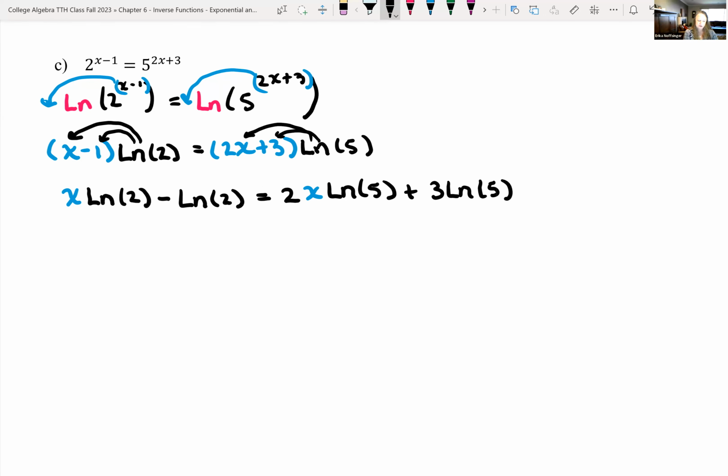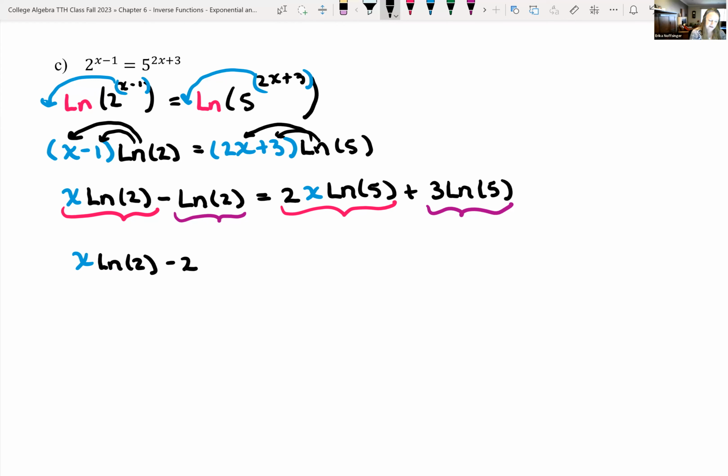So I have 2 terms in here that have an x in it, and I want to get x by itself. So the trick is to get all the terms with x on one side of our equal sign and all the terms that don't have an x on the opposite side of our equal sign. So let's subtract. So we have x natural log of 2. Let's subtract 2x natural log of 5 on both sides.